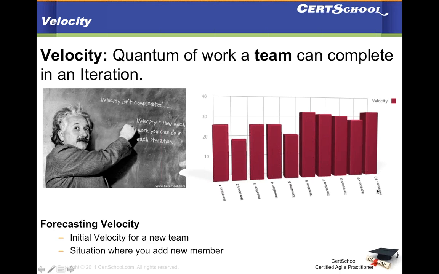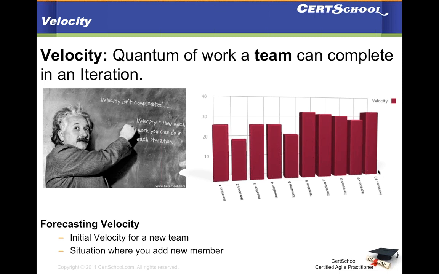Now when you are planning for iteration 11, a team can confidently say that we will be able to finish 30 story points. I know in iteration 9 they were not able to complete 30, but if you look at the trend here, they have been able to sustain a velocity of about 30 story points. So in iteration 11, when they're planning, they should not commit to anything more than 30 or 31.